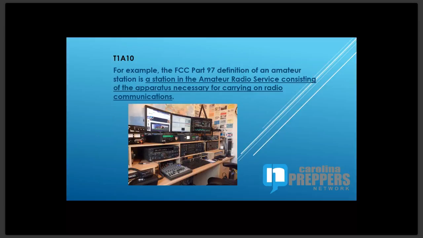Part 97 defines a station in the amateur radio service as consisting of the apparatus necessary for carrying on radio communications. So essentially, what an amateur station is, it's not a person, it's the radio itself.